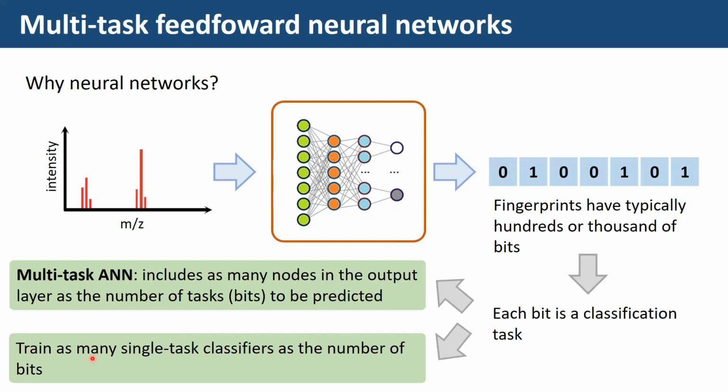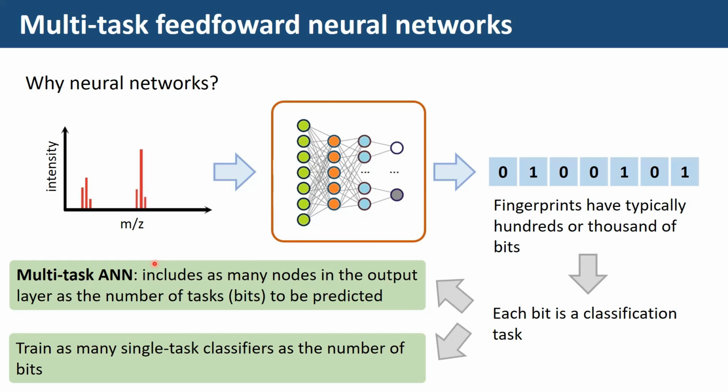Or you can use a different approach, the multitask approaches, which is able with a single model to predict all the classification tasks. We preferred to use this one by means of artificial neural networks because it was easier to handle. Instead of having 166 models, we have just one model that could predict all the bits.